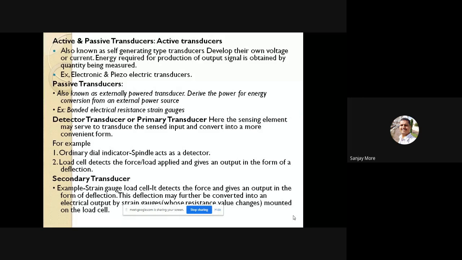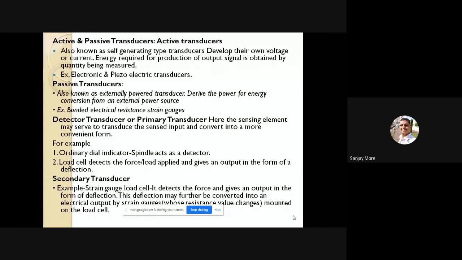Then passive transducers. A passive transducer is an externally powered transducer, meaning active transducers do not require external energy or external power. In a passive transducer, power is required externally; these transducers derive the power for energy conversion from an external power source. For example, bonded electrical resistance strain gauges. Strain gauges are also seen in detail in the next slides.